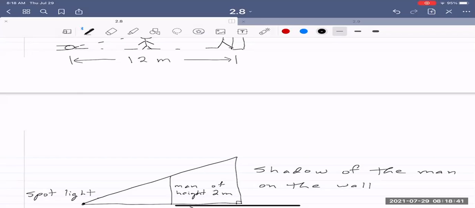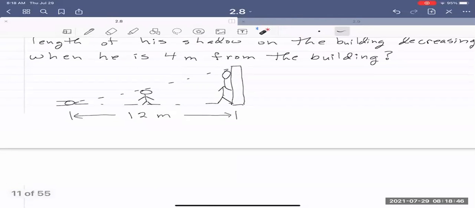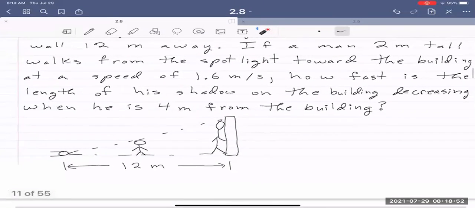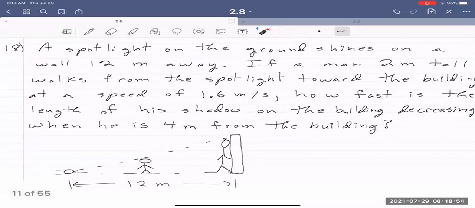Now, this man, which is 2 meters tall, I will assume that it doesn't take him so long that he grows or shrinks in height.